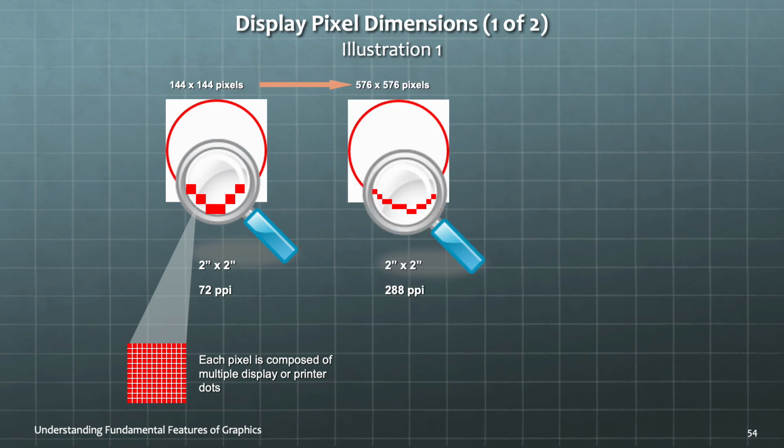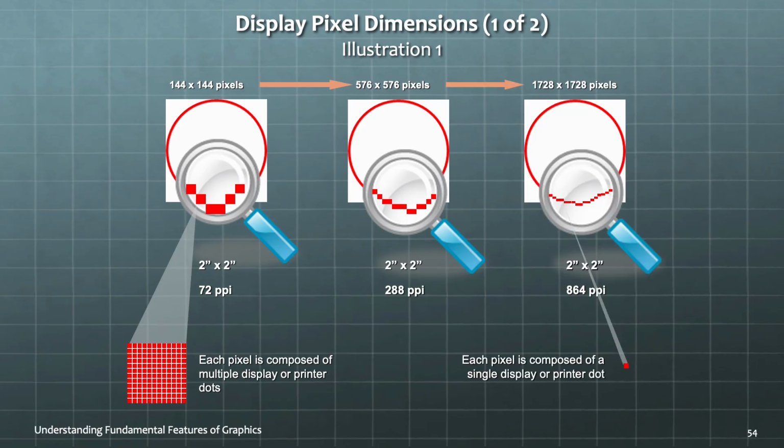Now we're moving to higher pixel dimensions, but keeping the 2 by 2 inch physical size the same. So the pixel density has to be higher. You can see the smaller size of the pixels. Finally, we have much higher pixel dimensions at the same physical size. So now each pixel is composed of a single display or printer dot.